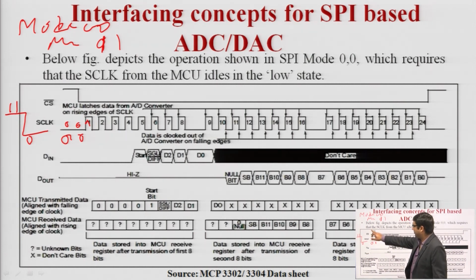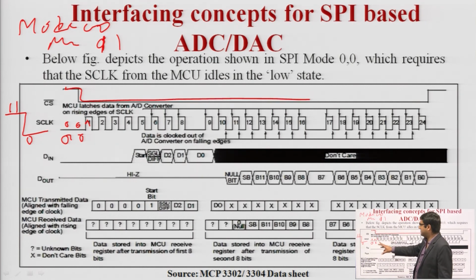So we need a chip select signal. It is an active low signal. When it is active low, we are converting the data from input to output. At the sixth edge, there are 6 leading 0s.